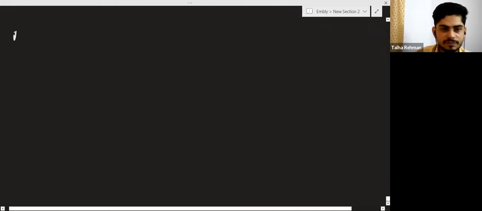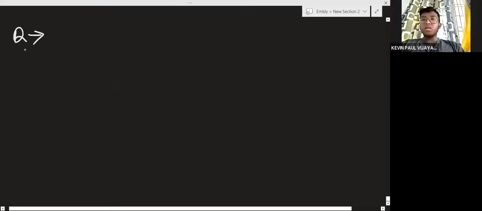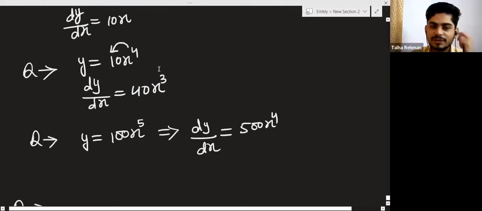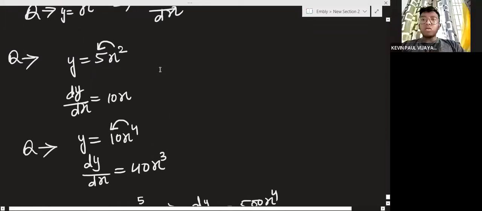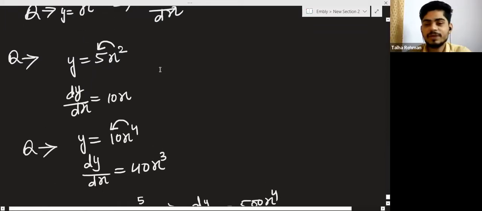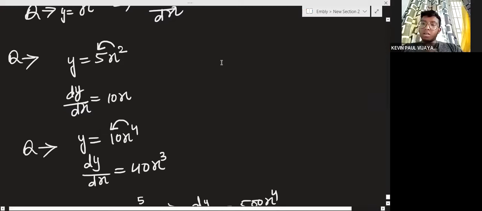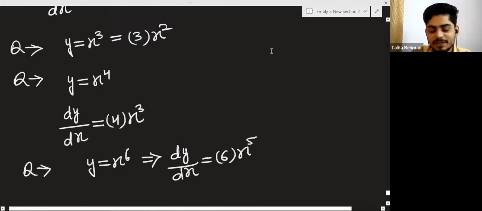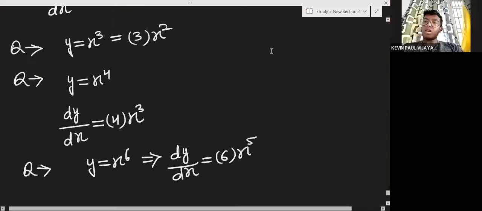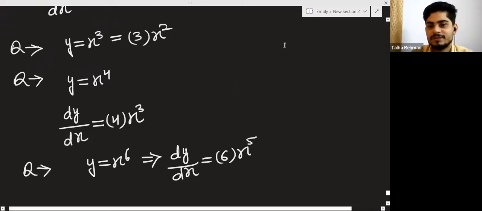Do we use this differentiation in numerical solving? Of course, in the very next question I will use this. That's why I am telling you. Our teacher didn't teach this part, but in the board examination this part will appear, no? Your teacher is teaching or not teaching is a different thing.